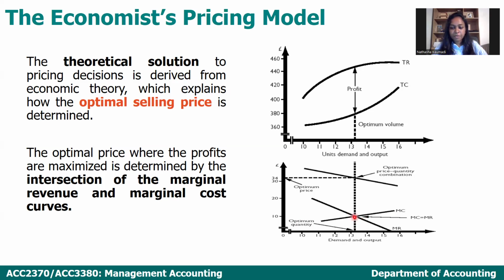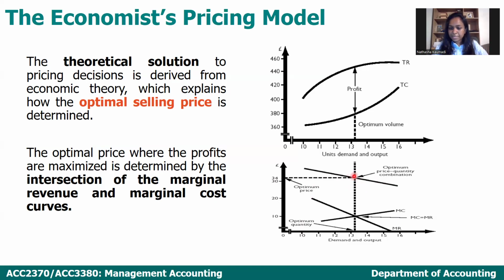At this point, where the marginal cost and marginal revenue curves intersect, when you go up here, this is the optimal price, where the marginal revenue and marginal cost are equal. The price at which marginal revenue and marginal cost become equal is the optimal selling price, right? That is the optimal price. At that price, when you are selling at maybe 34 rupees, you can maximize the profits. That is the solution given by the economics model.